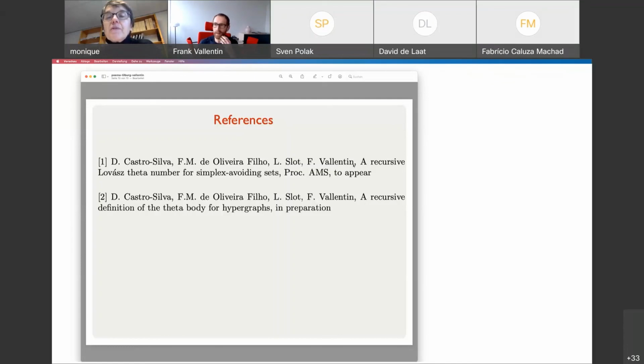Just an observation to Monique's question. It is not clear how to introduce the 1 minus f of x constraints to n plus.